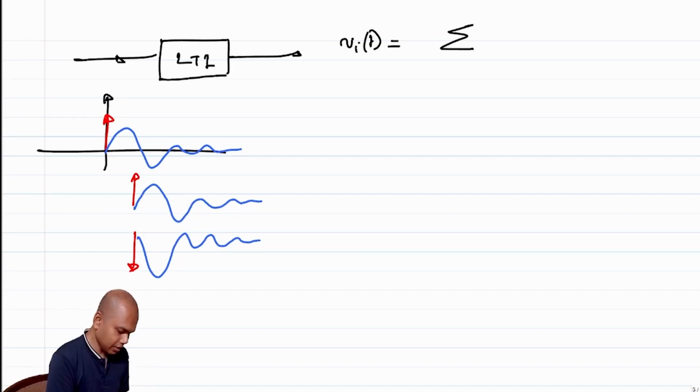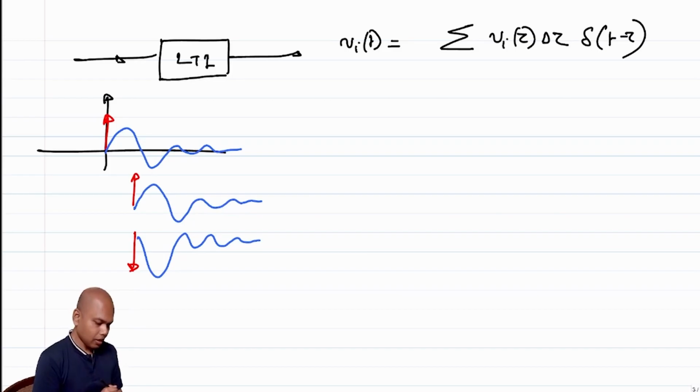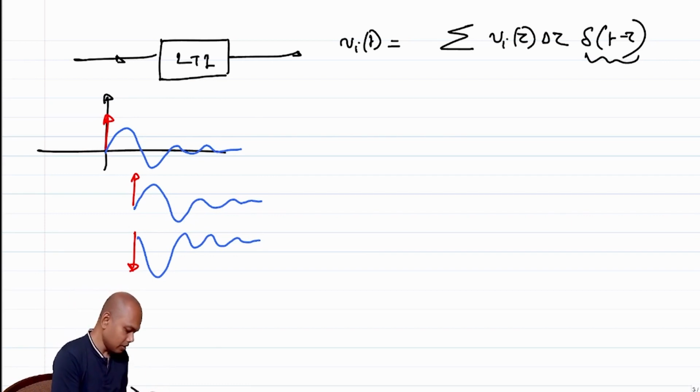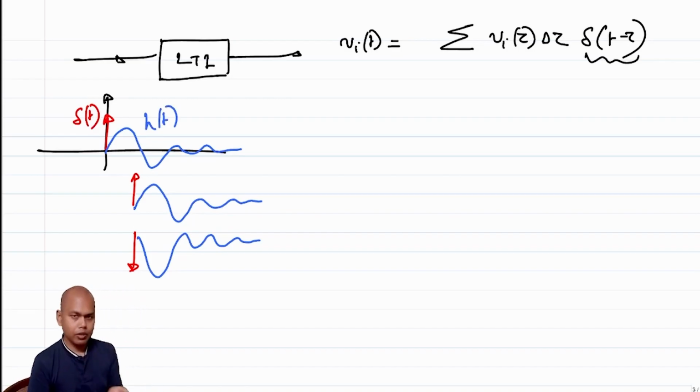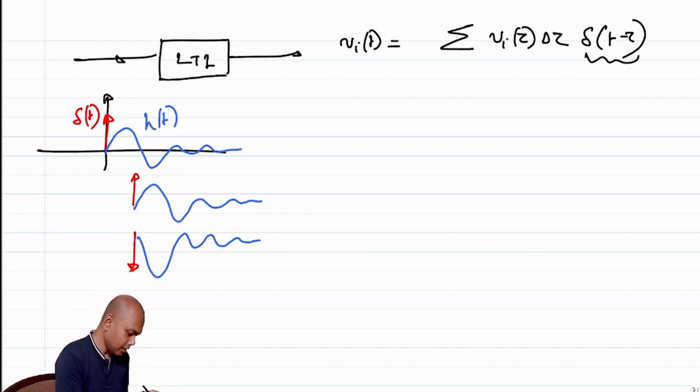Vi(t) is essentially the sum of Vi(tau) delta(t minus tau). For every delta(t minus tau): delta(t) creates h(t), so delta(tau) creates h(tau), and delta(t minus tau) creates h(t minus tau).